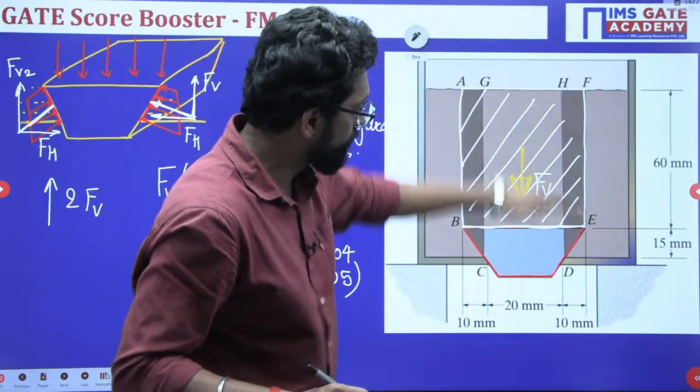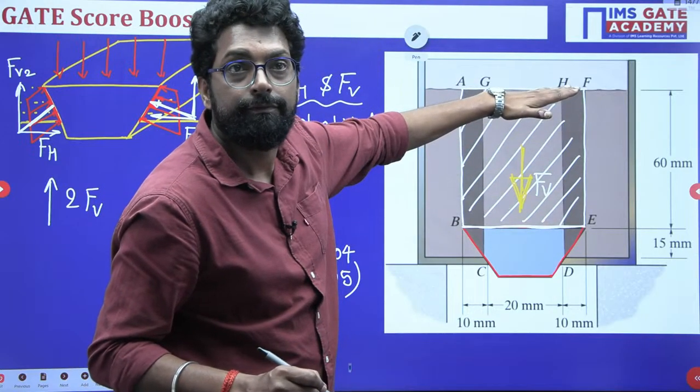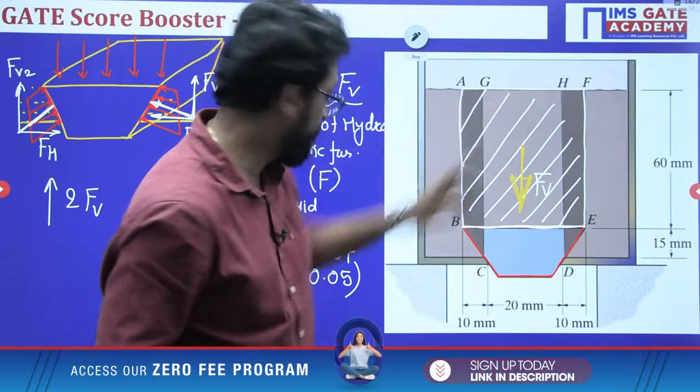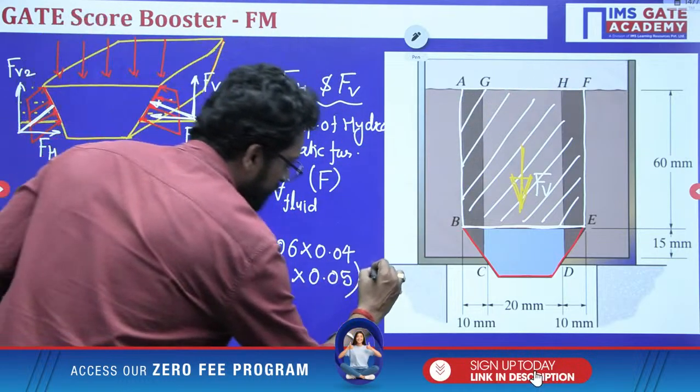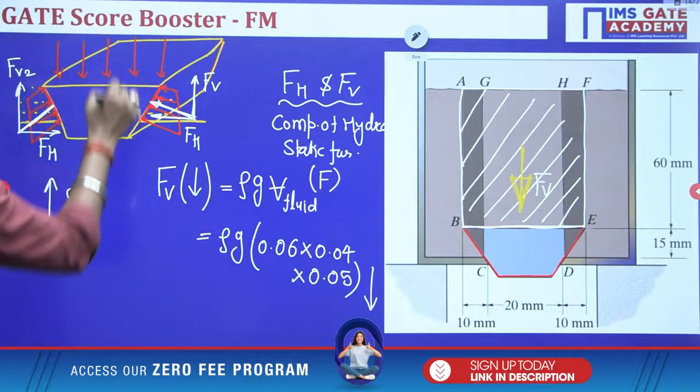This is the vertical force due to this surface. Clear now? This is the vertical force, and it will act downward on this surface.